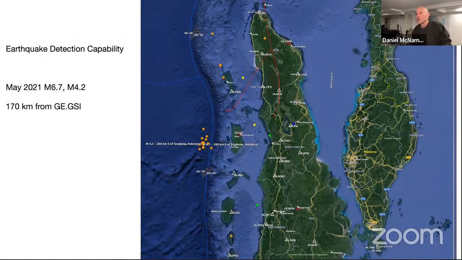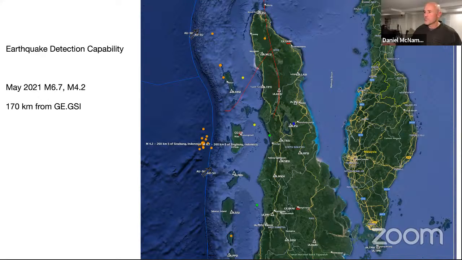Here, I wanted to show some examples. I looked into the 6.7 a little bit more. If you look at this map, you can see the station GSI is right here on this island. We showed an example of that. And then down to the southeast is BKNY, and that was the last example we showed. And then these orange circles to the west are a cluster of earthquakes.